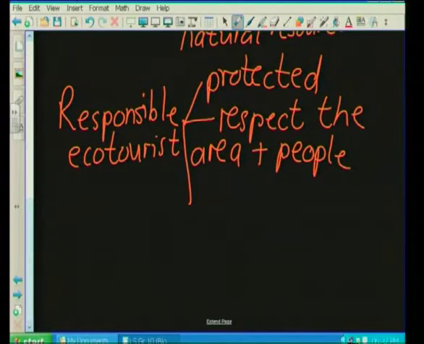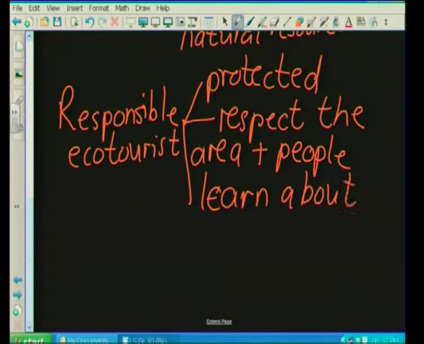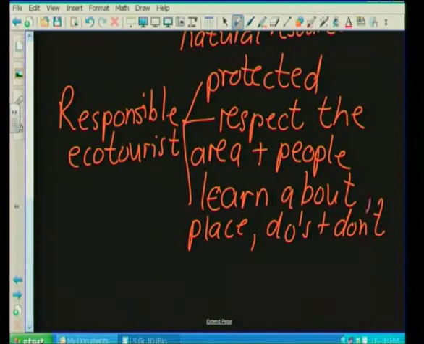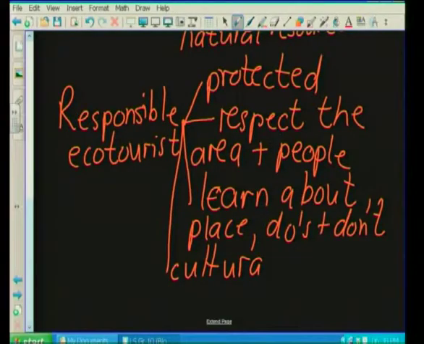Now, by respecting those people, you need to learn a little bit. You need to learn a little bit about what? About the place that you're going to visit, so that you know about the do's and the don'ts of the place that you're going to visit. So you need to know about the whole culture of the country, the cultural diversity.